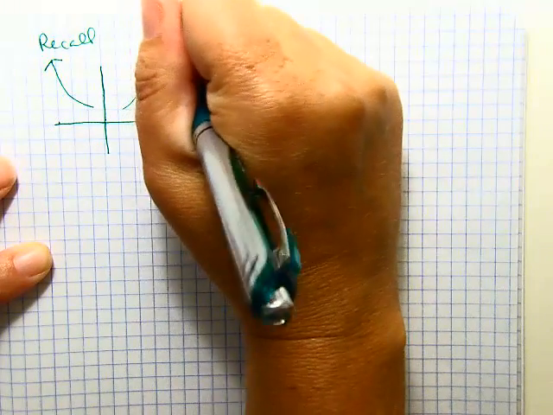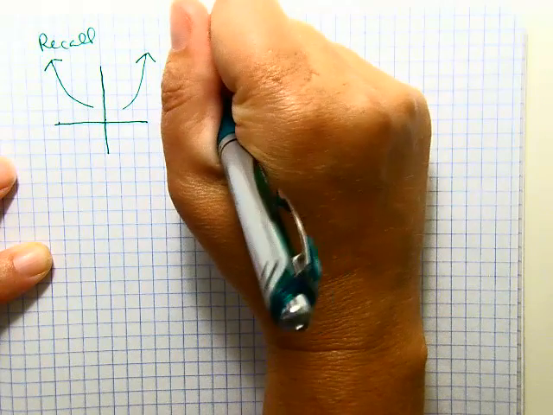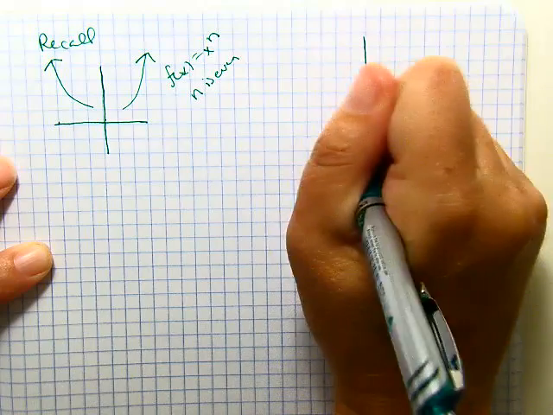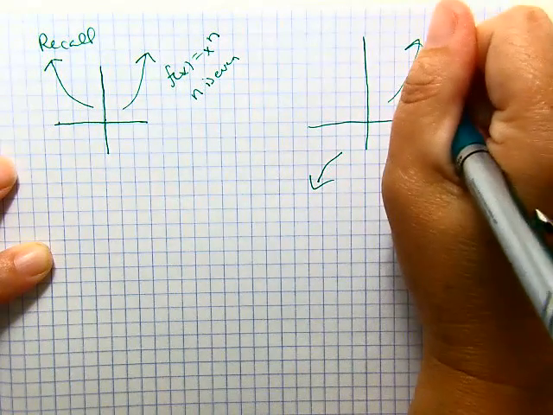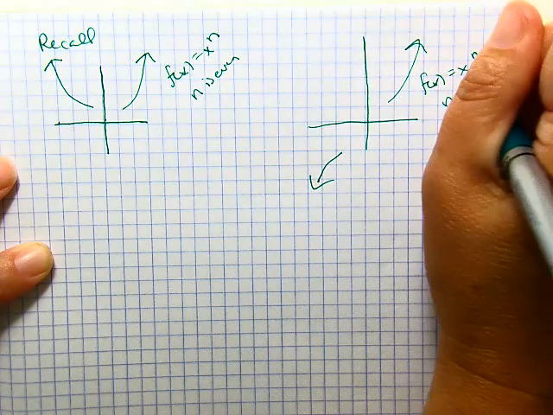And this is f of x equals x to the n, where n is even. And this would be f of x equals x to the n, where n is odd.